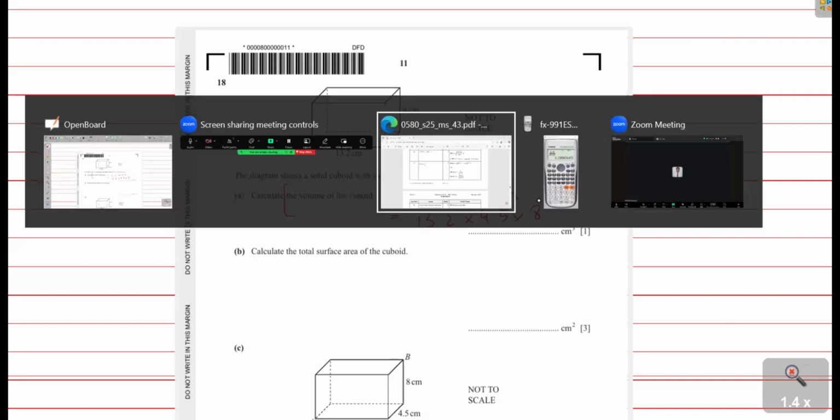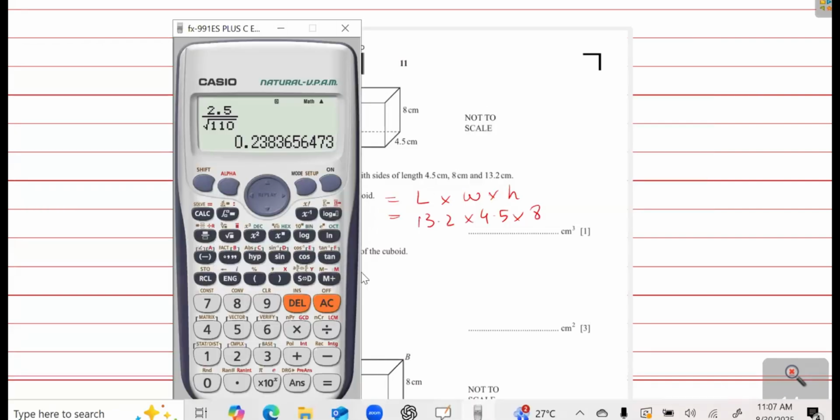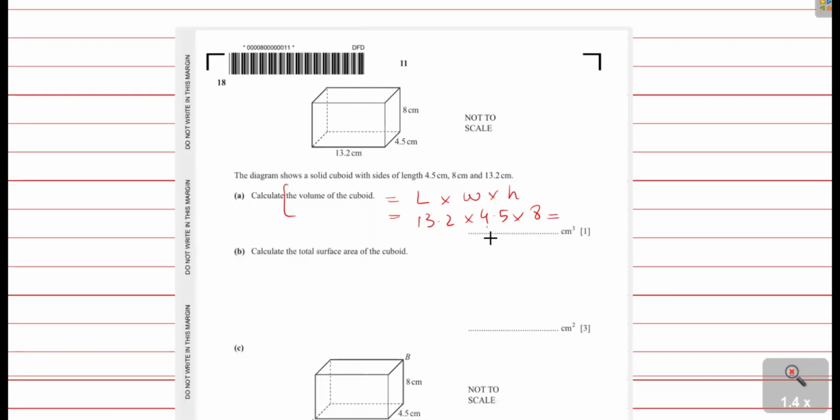We can calculate this value, and this is equal to 13.2 multiplied by 4.5 multiplied by 8, which will be equal to 475.2. So we write 475.2 centimeter cube is the answer.